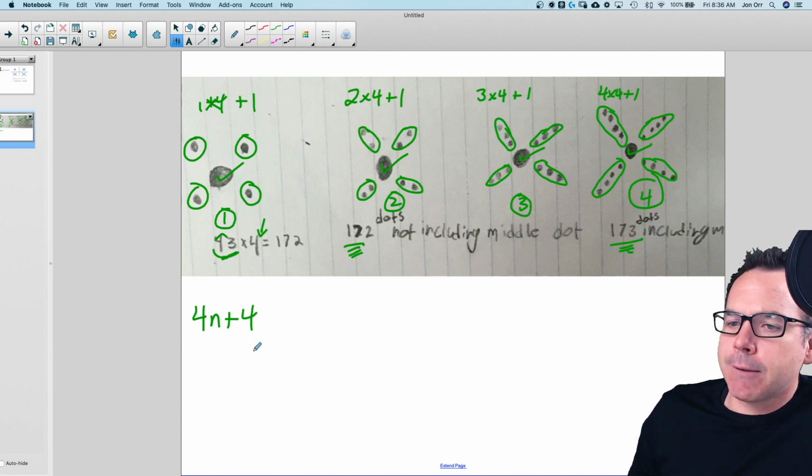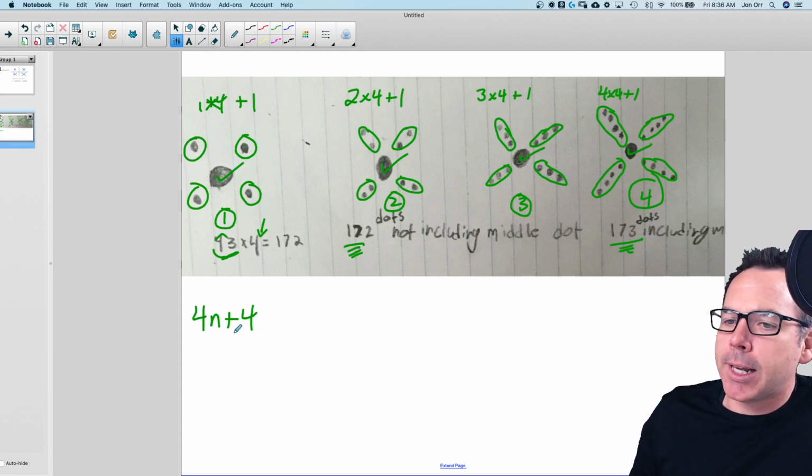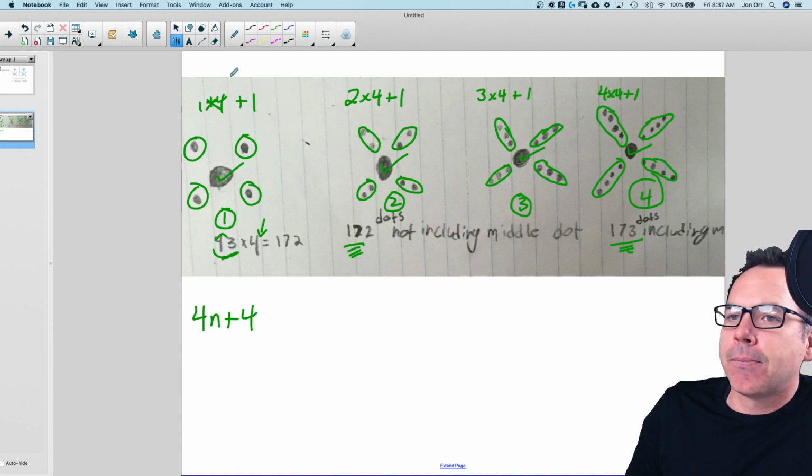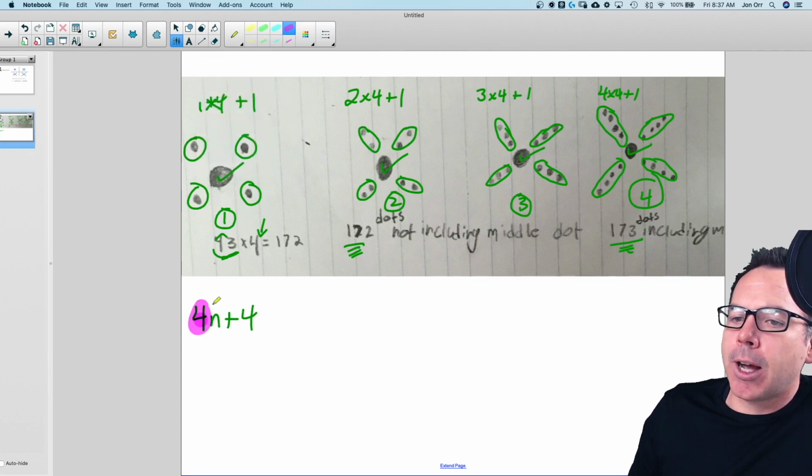Okay, so I'm seeing lots of 4s. Can you tell me which 4 in this formula represents the 4 stems? The one before the n. So this is saying, like, I've got 4 groups of, let me just highlight this a little bit deeper here.